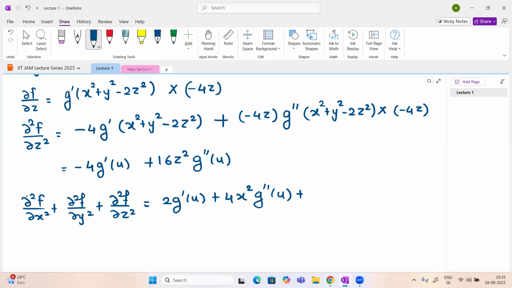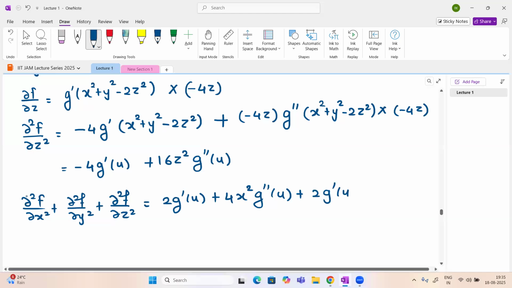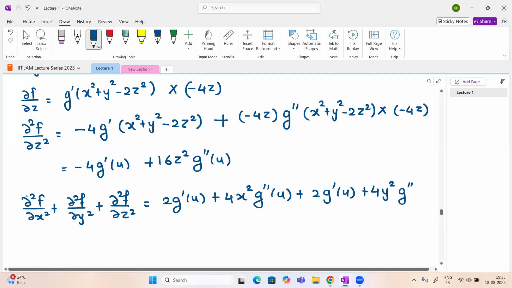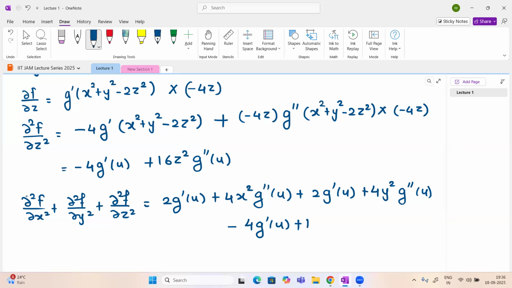Second term, 2g dash of u plus 4y square g double dash of u. And the value of the third term is minus 4g dash of u plus 16z square g double dash of u.